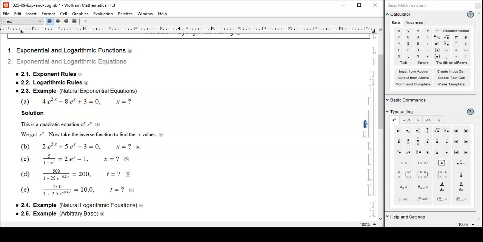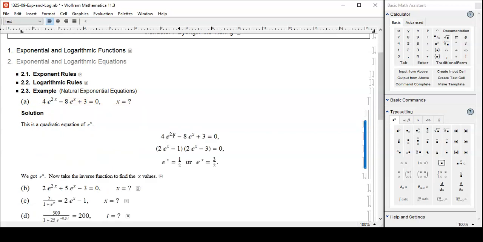So you can rewrite the equation like this. Original problem is over there, so let me rewrite like this. Okay, here we go. e to the x, and then e to the x squared like this.